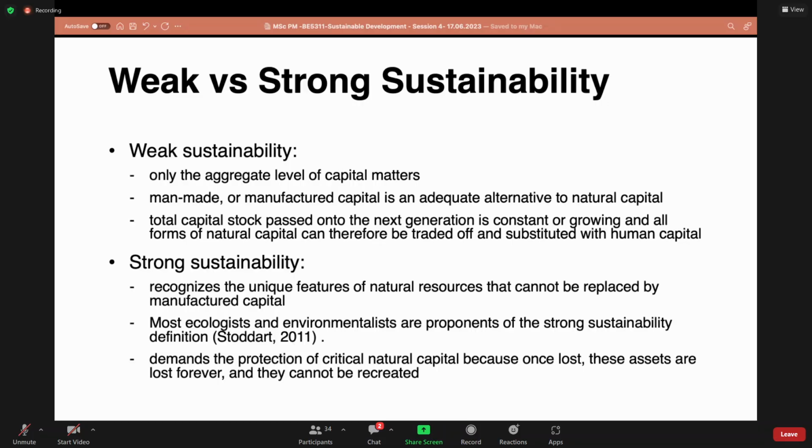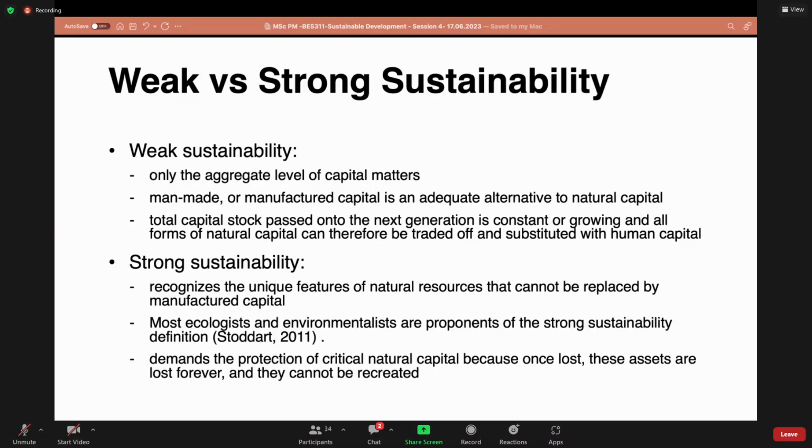So what you're passing on to the future generation is that total capital stock. So in the very weak forms of sustainability, any form of natural capital is thought as can be traded off or substituted by human or man-made capital.